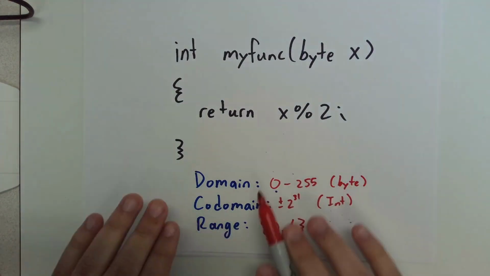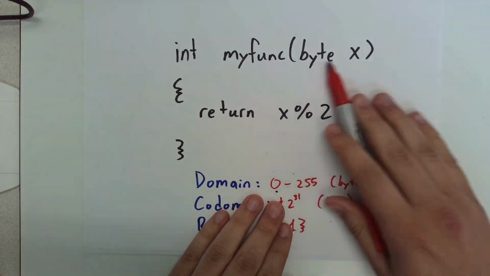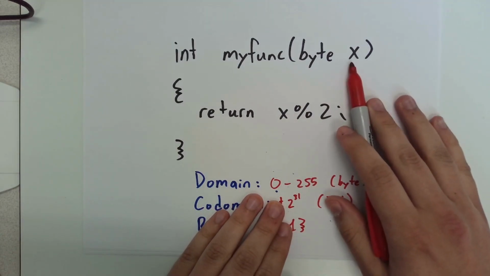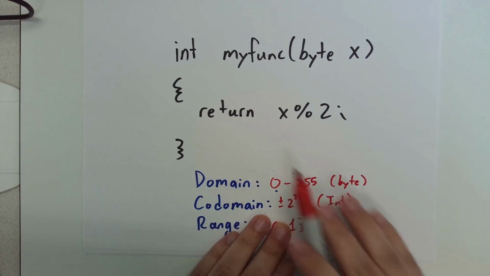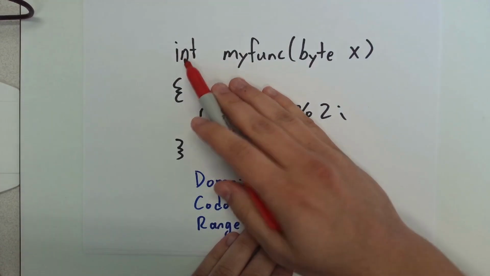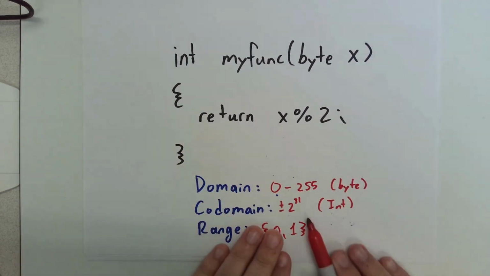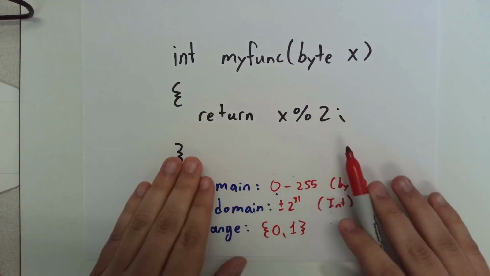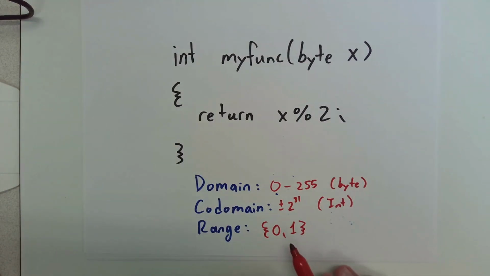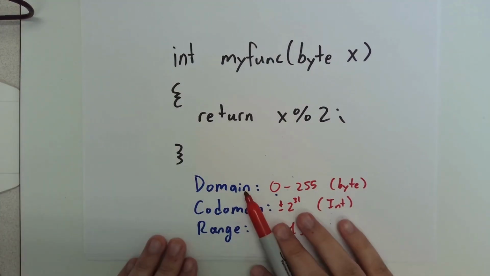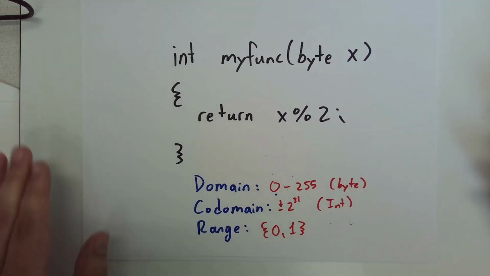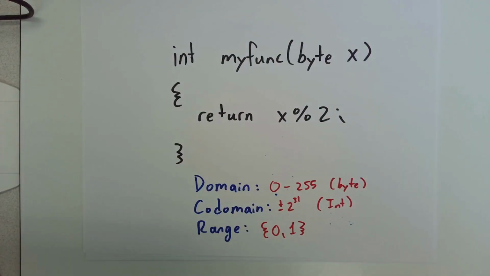Here you can see we have the domain, which is just all the different states of our parameters, the codomain, all the different states of our return type, and the range, which is just the states our return type actually could be. This thing could actually produce a 0 or a 1. That's how this domain, codomain, and range business all ties back in to computer science.